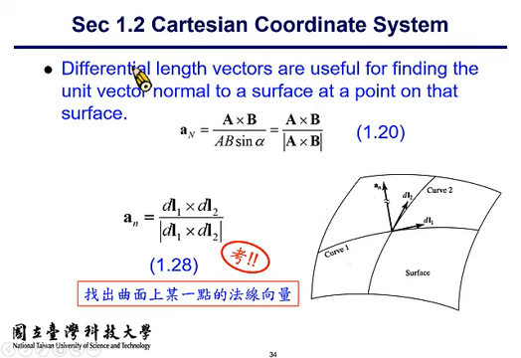So AN equals to DL1 cross DL2 divided by the absolute value of DL1 cross DL2. So any two differential lengths can expand a small region. And a small surface, small region is described by its normal vector. So this equation is kind of the idea of differential surface.